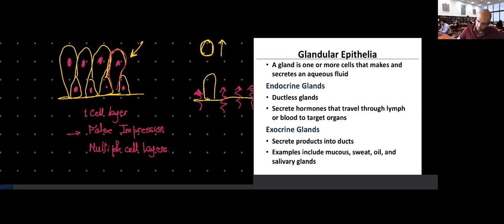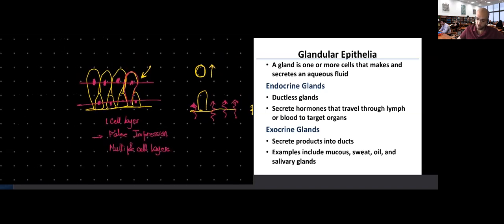And what gave me this impression is that the nuclei of those cells are arranged on different levels. So I get a false impression that this is stratified, although it's simple. It's only formed of one cell layer. All the cells are attached to the basement membrane.